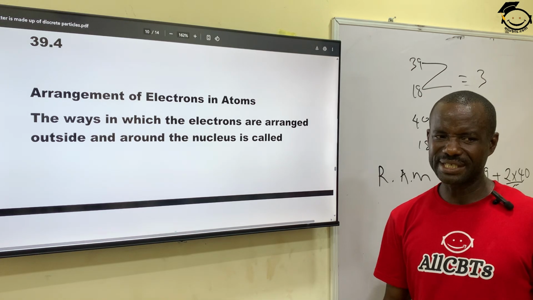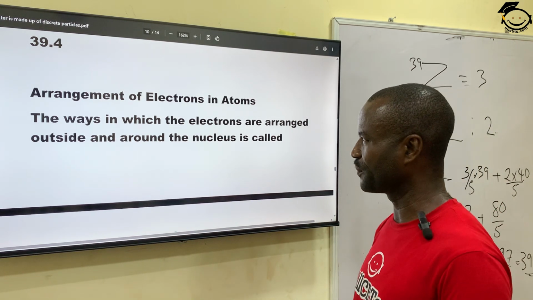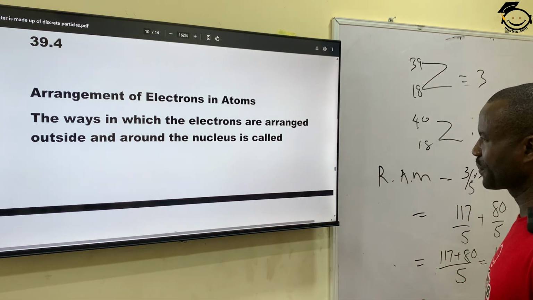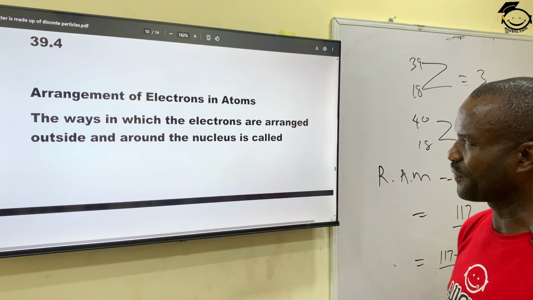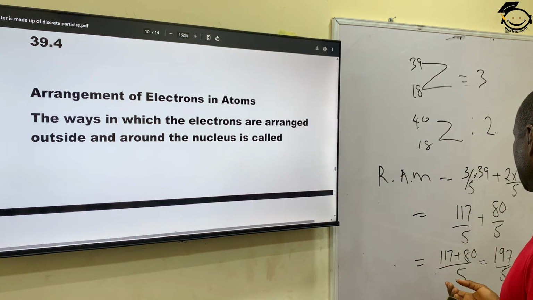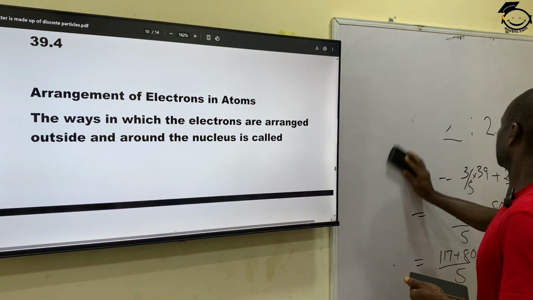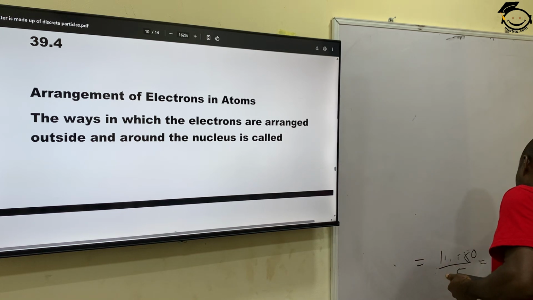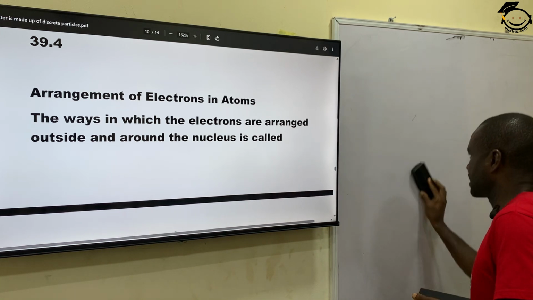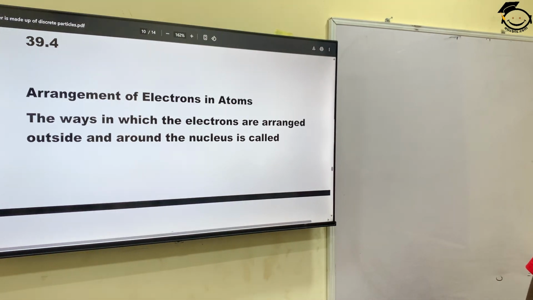Arrangement of electrons in an atom. How do we arrange electrons in an atom? That means we call that electronic configuration. Electronic configuration is simply a sequence of arrangement of electrons in an atom. When we say electronic configuration, we are making use of only the electrons, unlike when we are using the proton number.